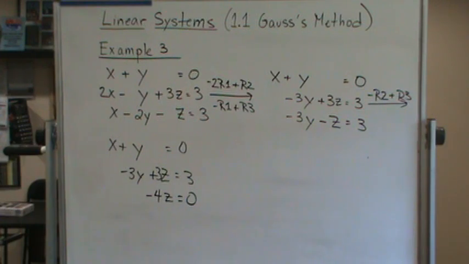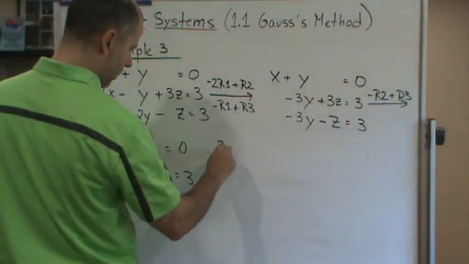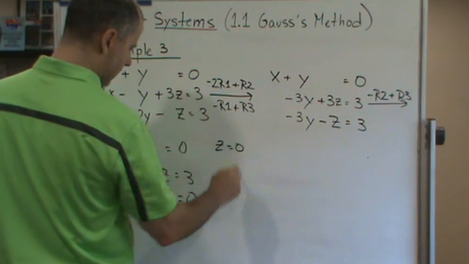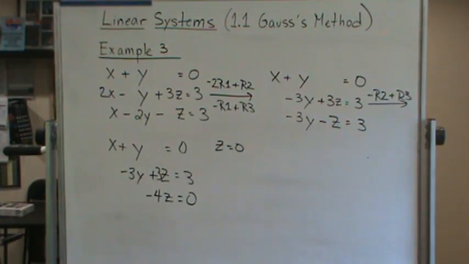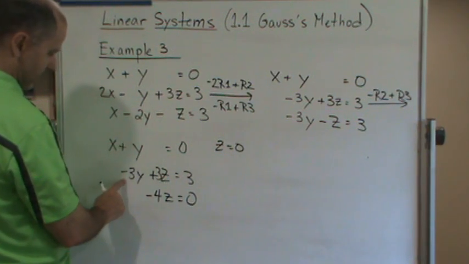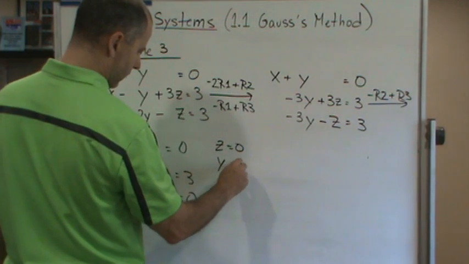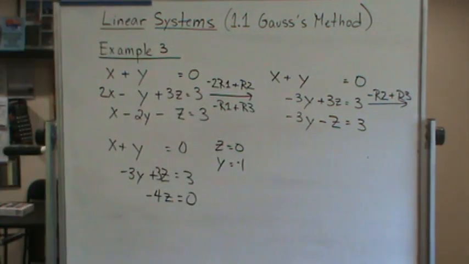Now, at this point, we can solve this easily. Because now, if we start at the bottom row, we know that z is 0. And then if we back substitute here, if z is 0, that means we get negative 3y equals 3, which means y equals negative 1.